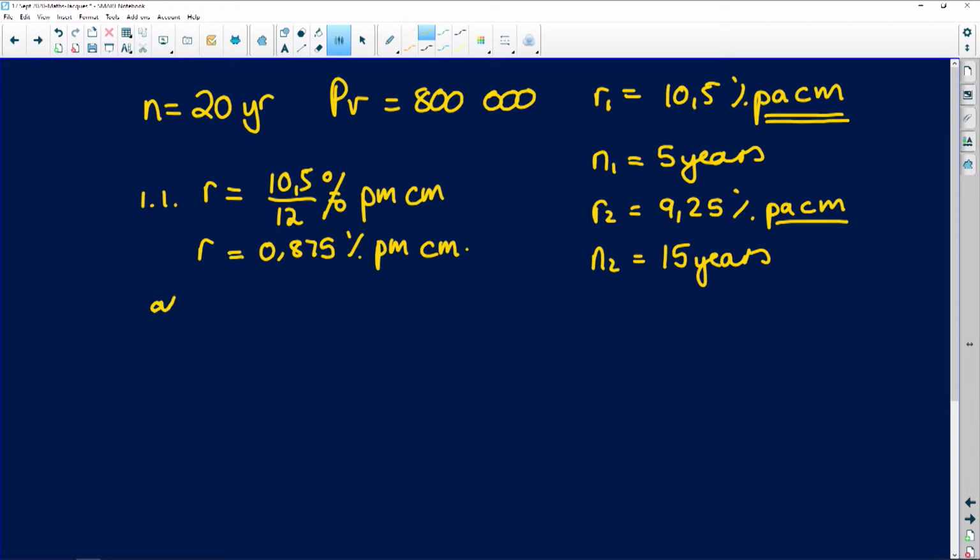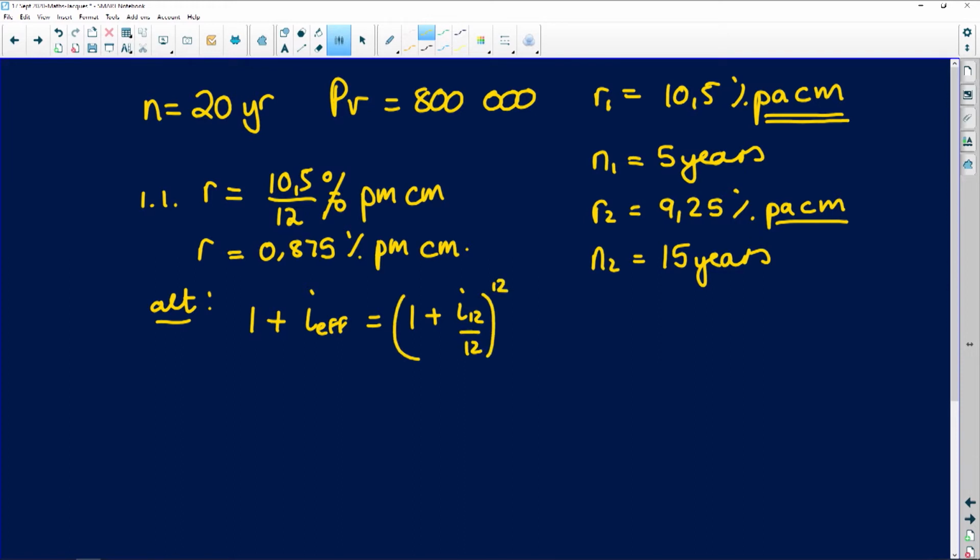If they ask the other one, let me just do both with you, then we will have 1 plus I effective is equal to, now you've seen this on your formula sheet, because this is a monthly rate, 1 plus I12 over 12 all to the power of 12.